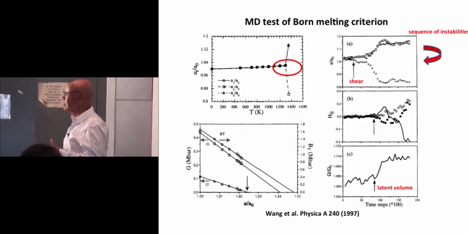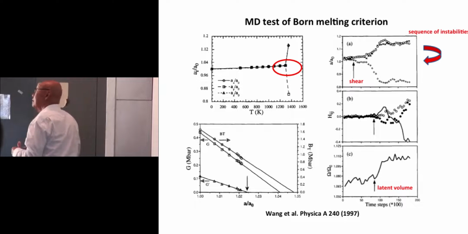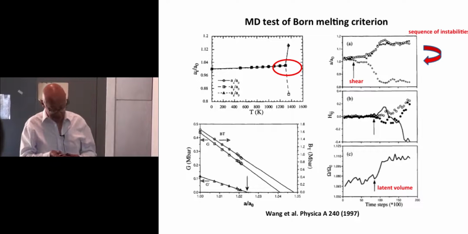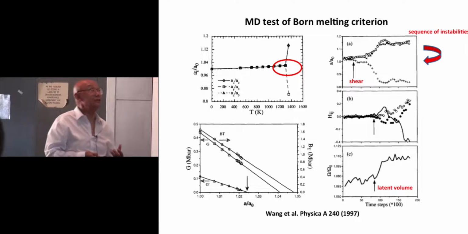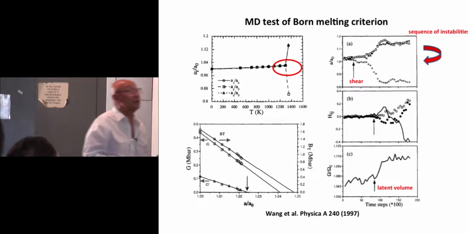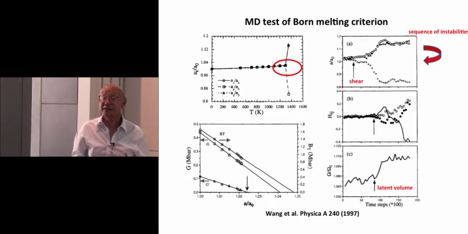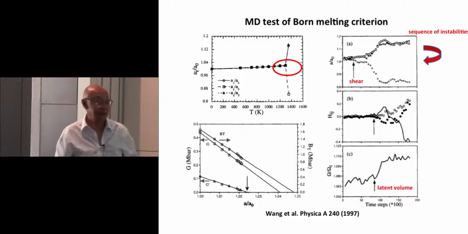You're not supposed to think of these instabilities as standalone. So right away you have a much more detailed picture of what's going on, which allows you to at least investigate the sort of criticism that Born was subjected to.